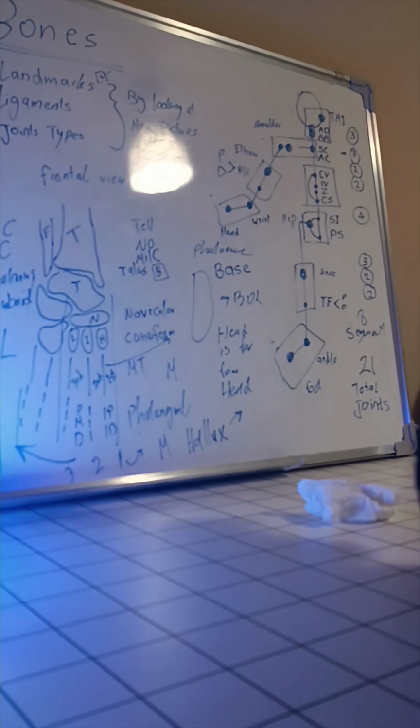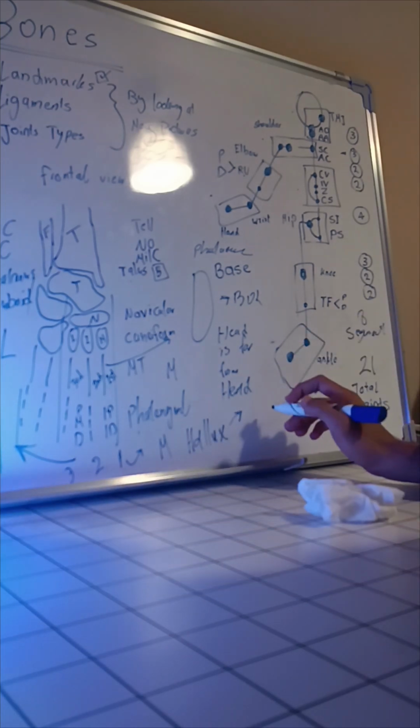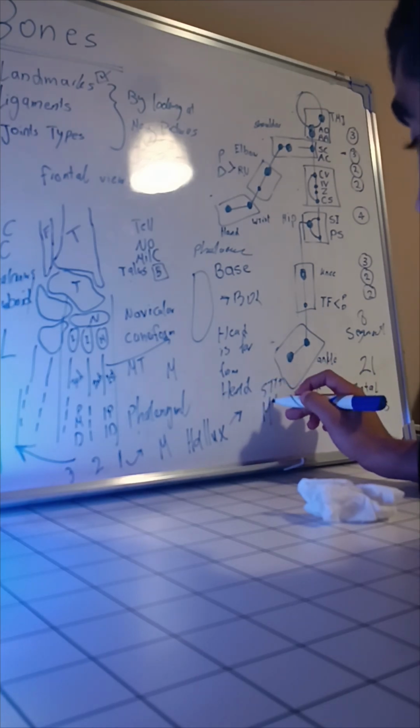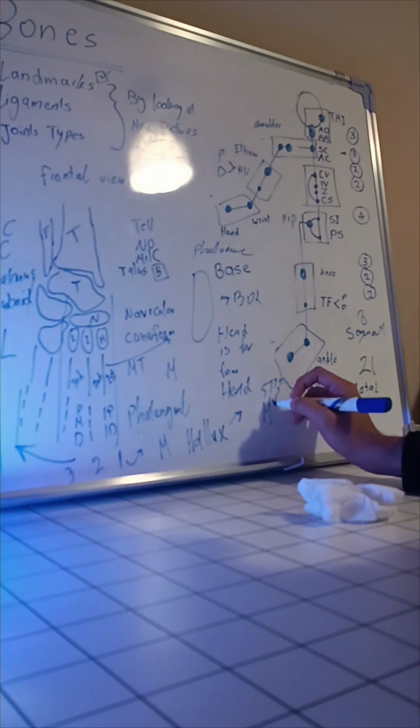We cover the calcaneus, sustentaculum tali, and the fibular trochlea. The fibular trochlea is in the lateral aspect, and the sustentaculum tali is medial, with the M for medial.